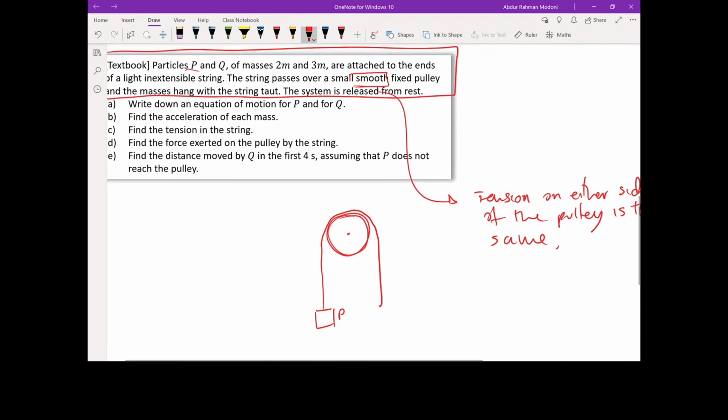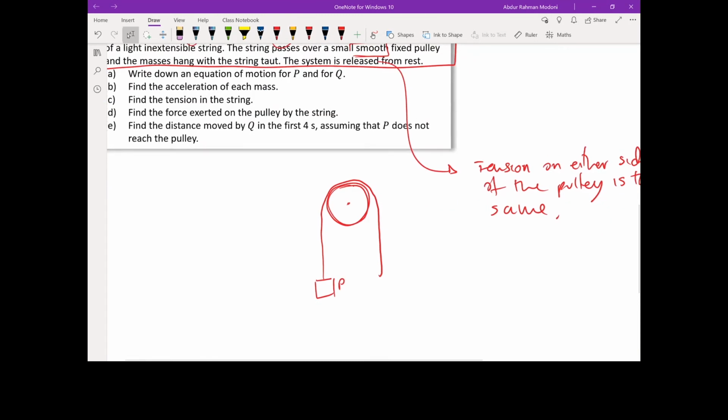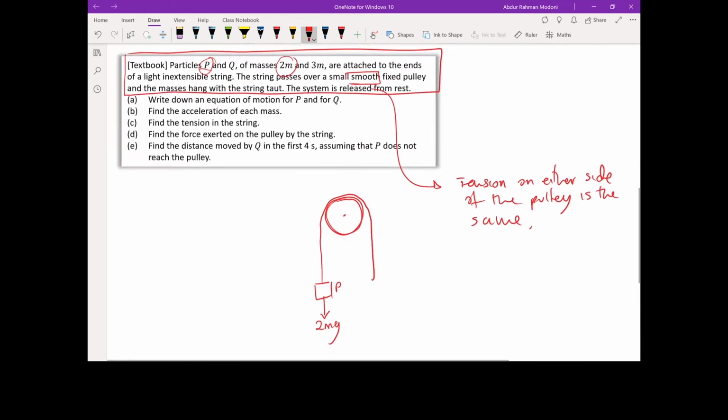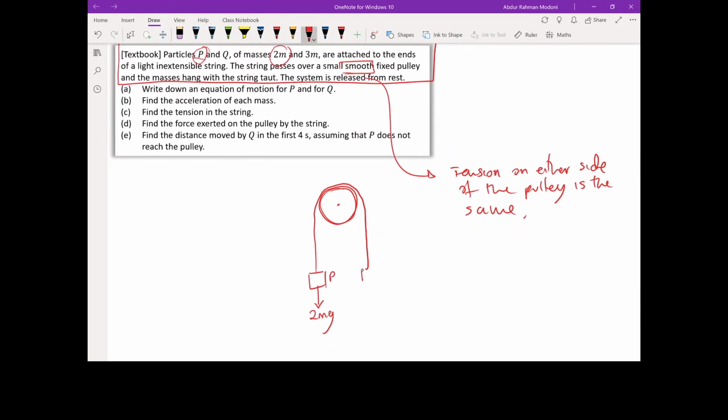What does P have a mass of? P is 2m. So its weight is what? 2mg, acting downwards. I've got a mass of 3m on the other side, which means its weight is 3mg acting downwards there.